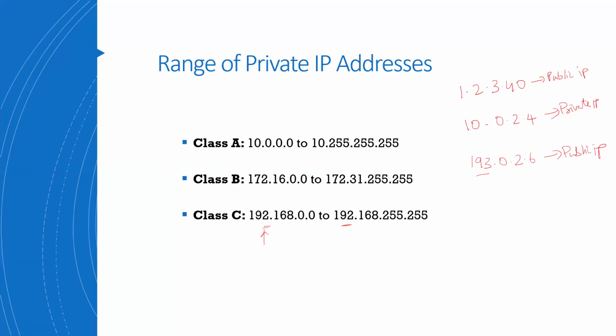So these are all about private IP, public IP, and the ranges of private IP. The importance of cybersecurity in this topic is understanding the distinction between private and public IP.